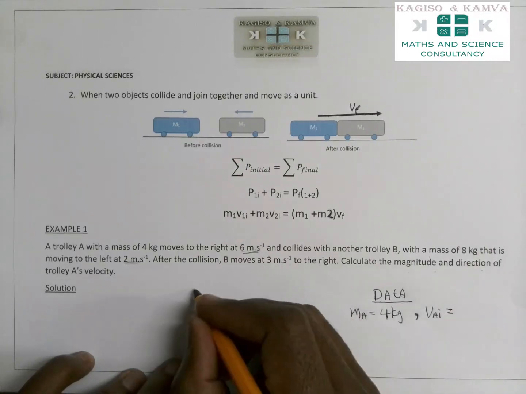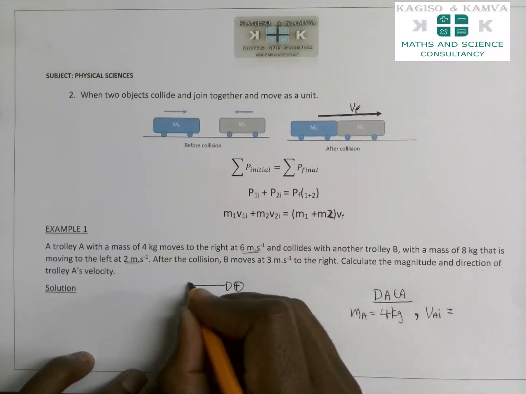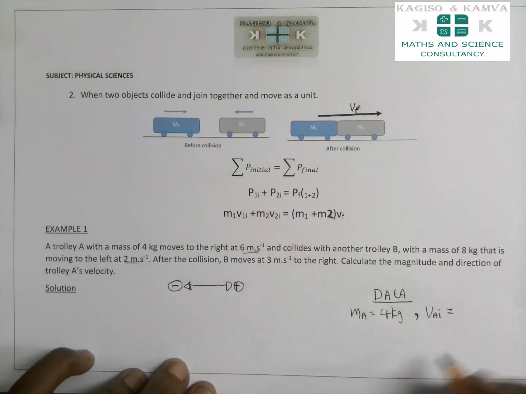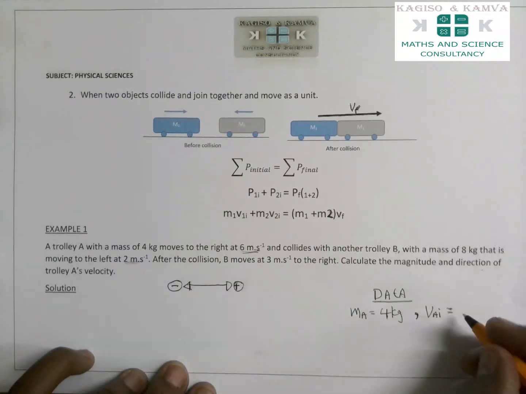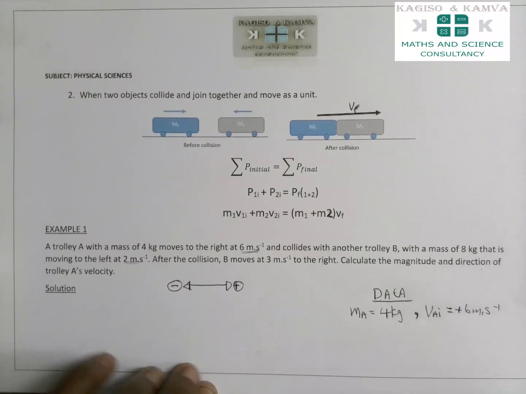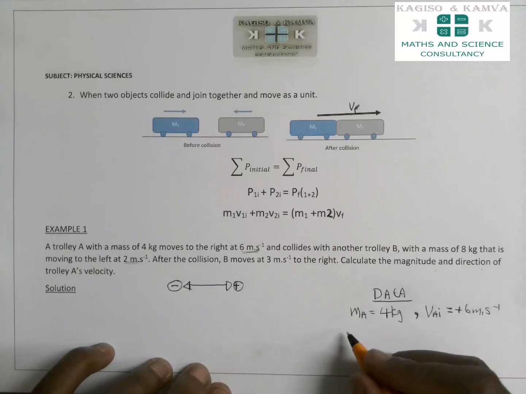Okay, let us see. We are taking the direction to the right to be positive, and to the left to be negative. Because it is moving to the right, that will be positive 6 meters per second. So what do we have?